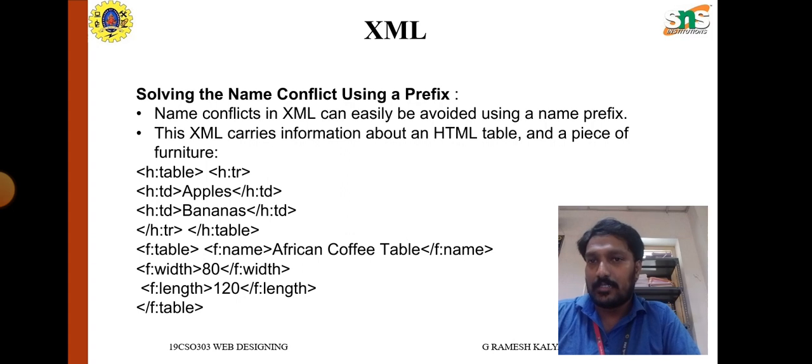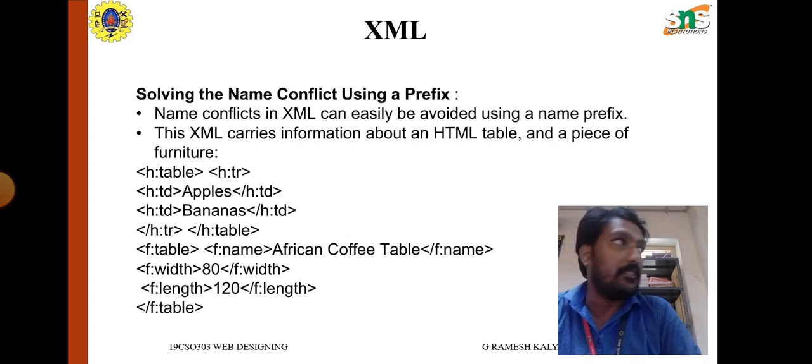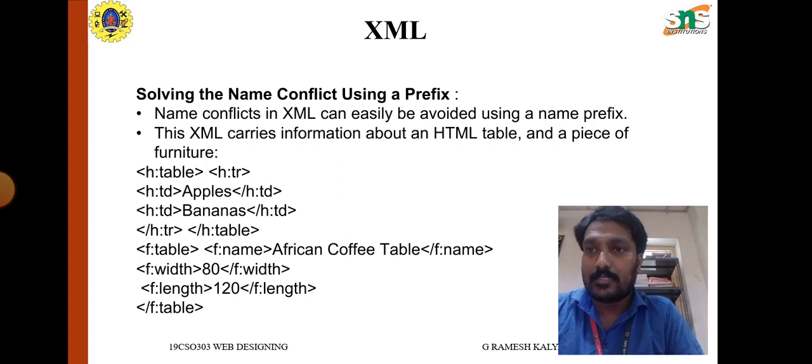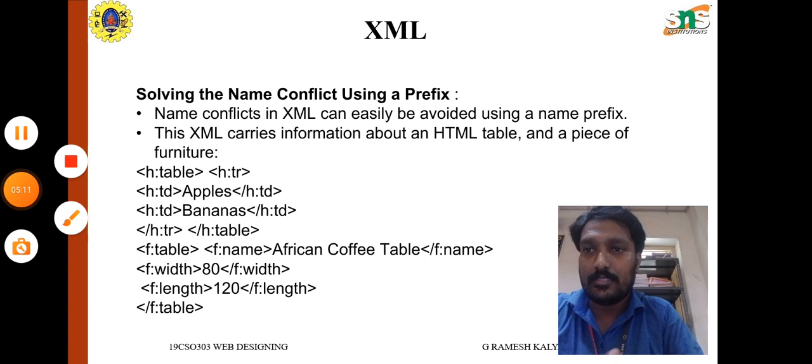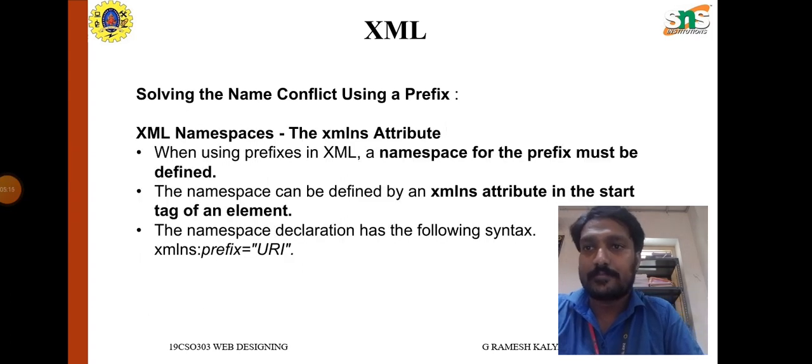As we can see in the example, the first one is prefixed with h, so h colon table. Inside that table data we define apples, and the second data bananas, and we close the table with the h prefixed tag. In the second we define the f table, with the width and all those defined with the f tag. This avoids a big confusion and conflicts.